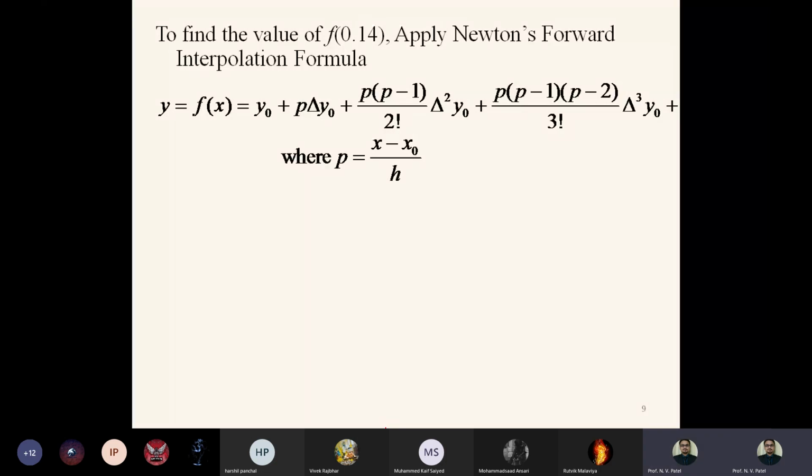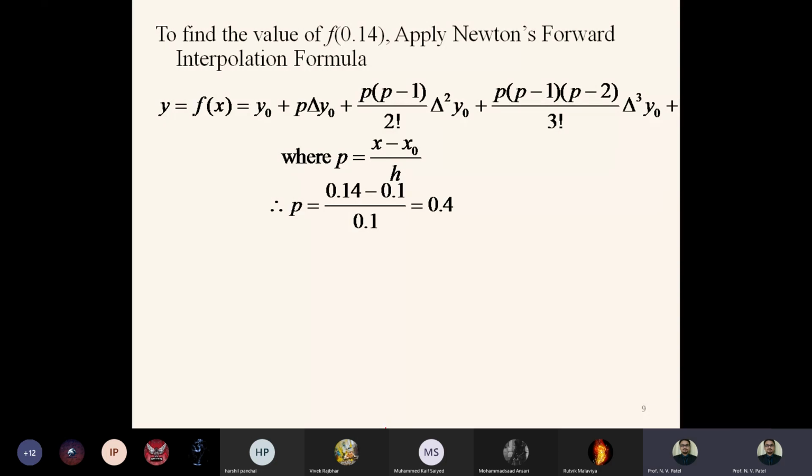Formula is known to us: y0 plus p delta y0 plus p into p minus 1 by 2 factorial delta square y0 plus p into p minus 1 into p minus 2 by 3 factorial delta cube y0 and so on, where value of p is x minus x0 by h. x0 is the first starting value. h is our step size 0.1. x is unknown, that is 0.14.